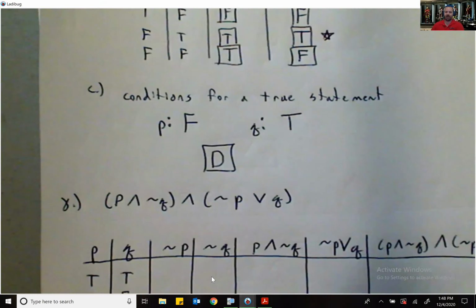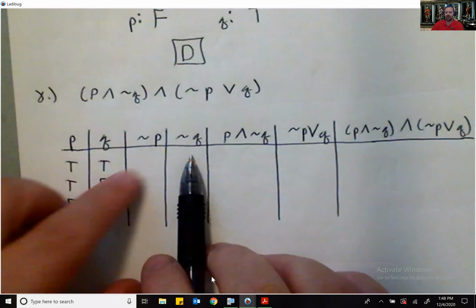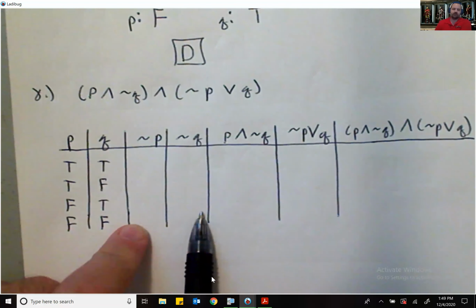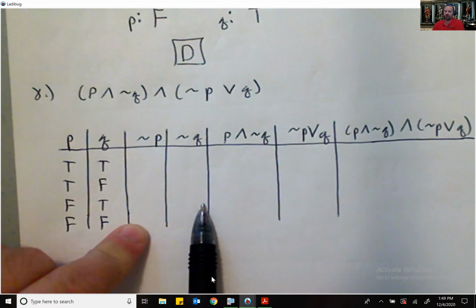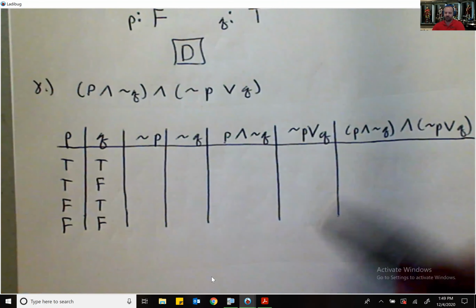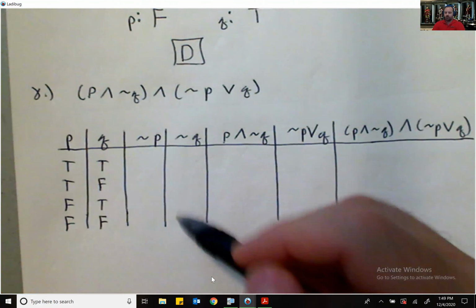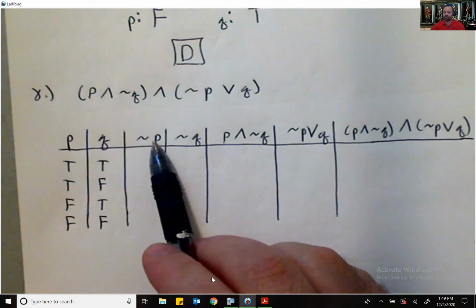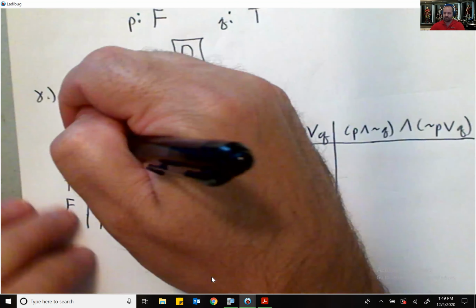So this is what we got. I think they left these 2 columns out. I'm putting them back in because, I don't know about you, but it's a lot to keep symbols in my head at the same time and then determine truth values. It's easier if I can visualize it. So you already told me negations just change the values to their opposites.